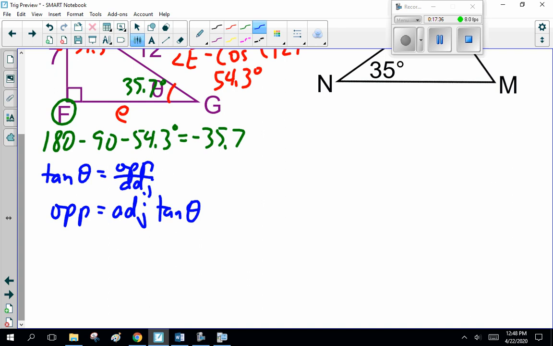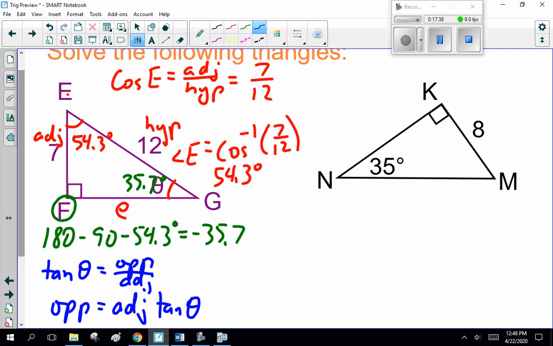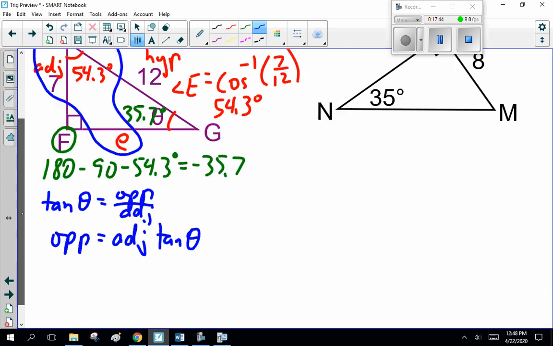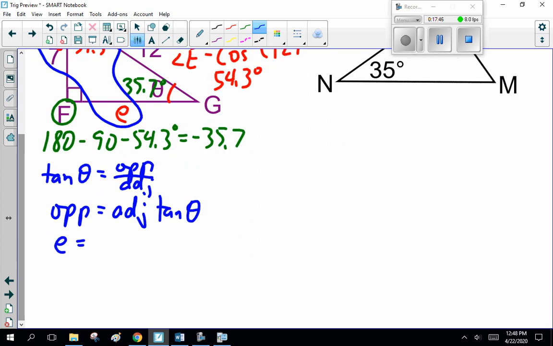I know this angle, well, I roughly know it. So the opposite side, E, is my adjacent 7 times tan of 54.3. Honestly, I shouldn't do it this way because there's a chance I screwed up 54.3 degrees.